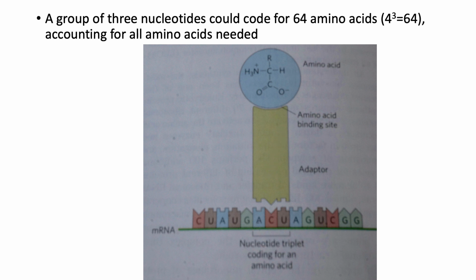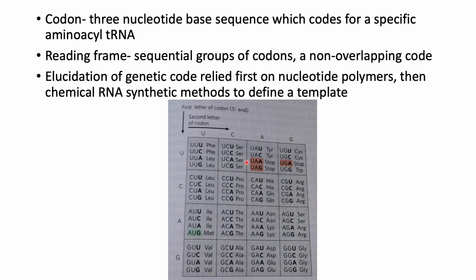Transfer RNA has anticodons. And if you have 4 nucleotides that comprise a codon, and the codon consists of a group of 3, 4 raised to the 3rd power gives you 64 combinations.